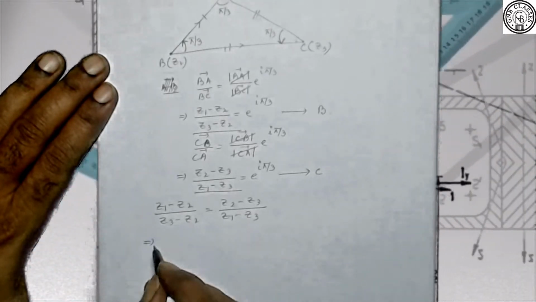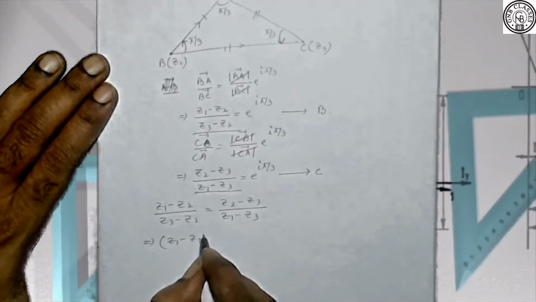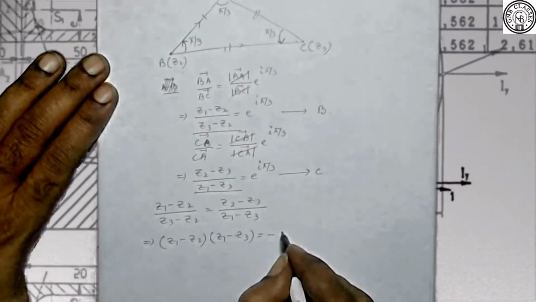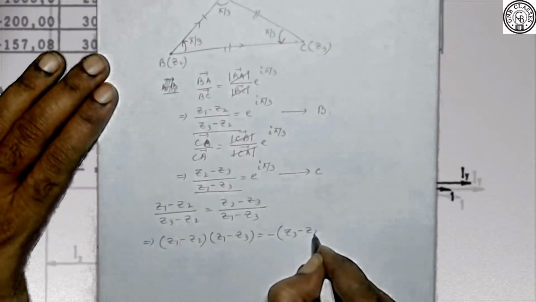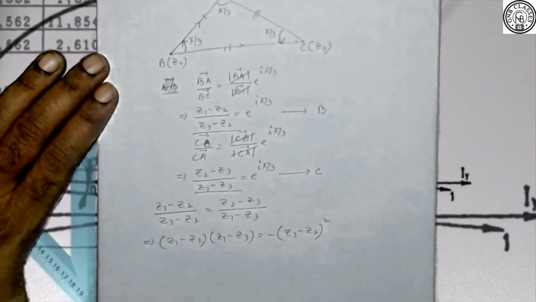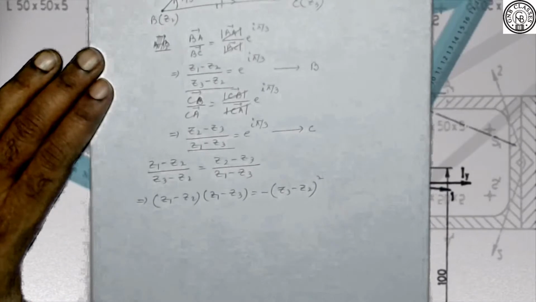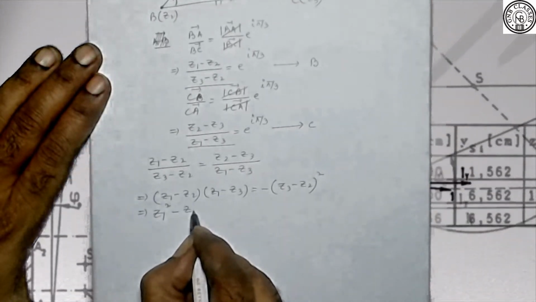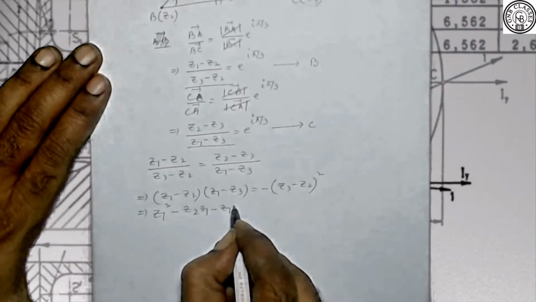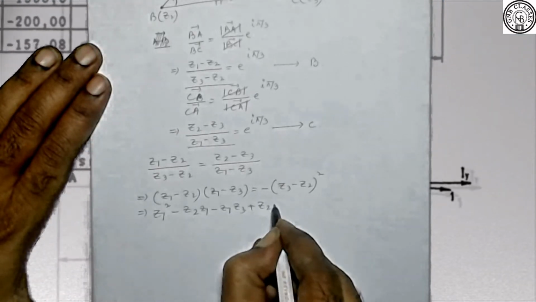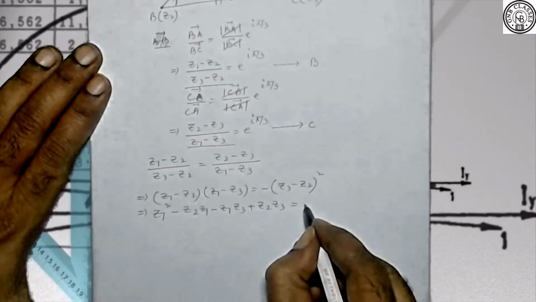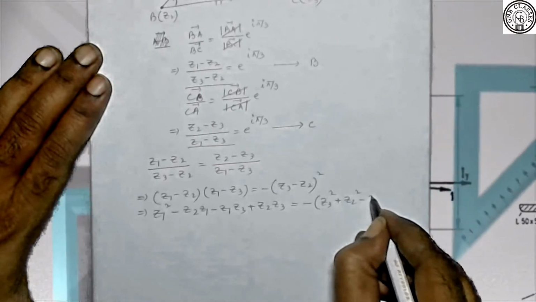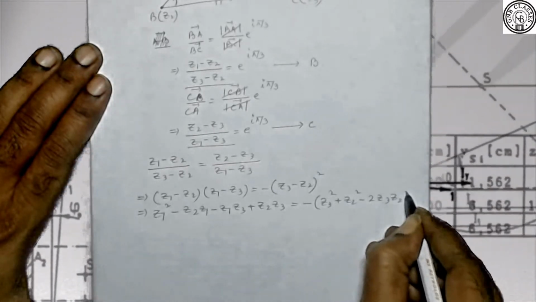Let me cross multiply. So Z1 minus Z2 into Z1 minus Z3 equals, if I take a minus common, Z3 minus Z2 whole square, right? Let me multiply and open the brackets. So we have Z1 square minus Z2 Z1 minus Z1 Z3 plus Z2 Z3, and on the right hand side we get Z3 square plus Z2 square minus 2 Z3 Z2.